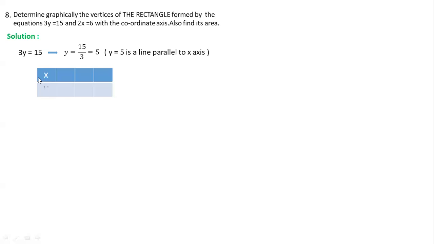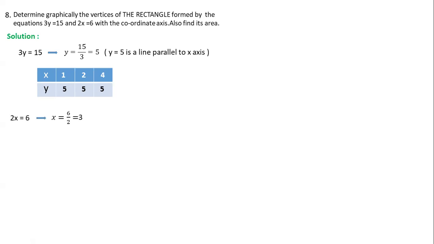We'll draw this. y value is fixed. Write 5 in all the blocks and take any value of x as you please. Next is 2x is equal to 6.